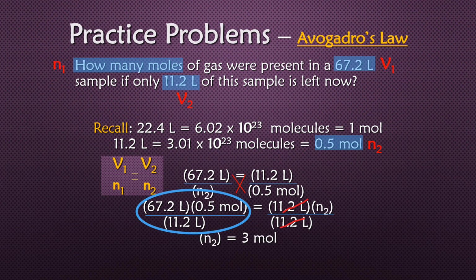The number of moles that we had initially, or the old number of moles, turns out to be 3 moles, which makes sense because V1 is larger and V2 is smaller, which means the number of moles was also larger in the beginning, and then the new number of moles was smaller.